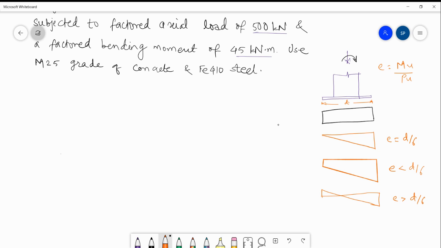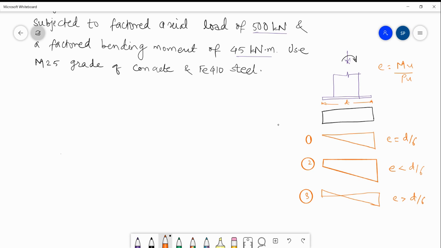Here there is no tension in the first case. In the second case also there will be no tension, but in the third case some part of the base plate will be subjected to tension. So as far as possible, the design should avoid tension at any position of the cross section.